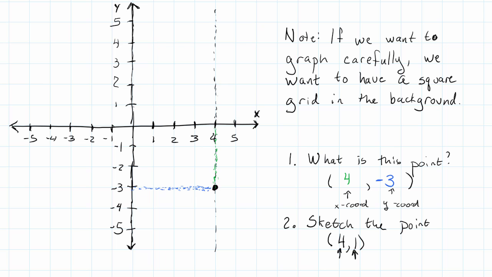I'm going to find 1 on the y-axis. Every point at this height has y-coordinate 1. Where do they cross? Right here. We see that we're 1 unit above the x-axis, 4 units to the right of the y-axis. This is the point 4, 1.